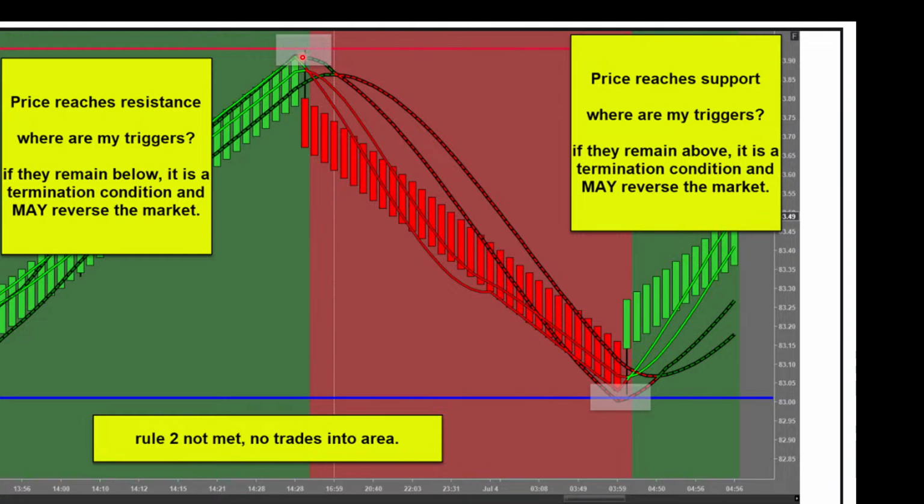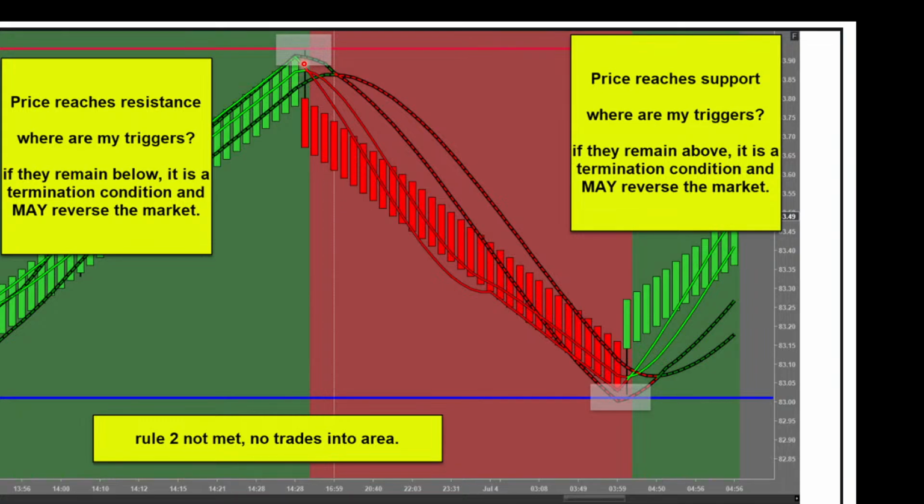But if price reaches resistance and my trigger lines, ask yourself, where are my triggers? If they remain below, Fibonacci resistance is a termination condition. Anytime I have a termination condition, rule number 2 is not met. And I don't take trades into that area. My rules say no trades into that area.